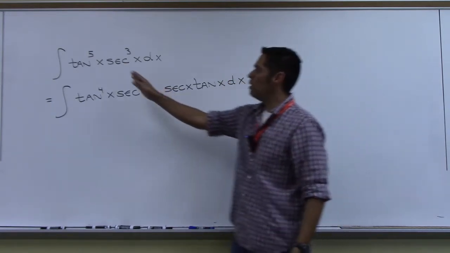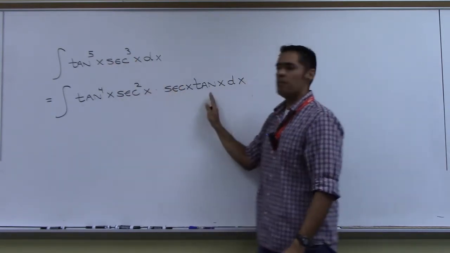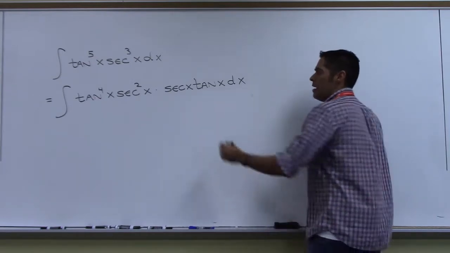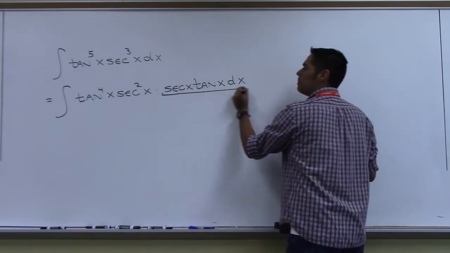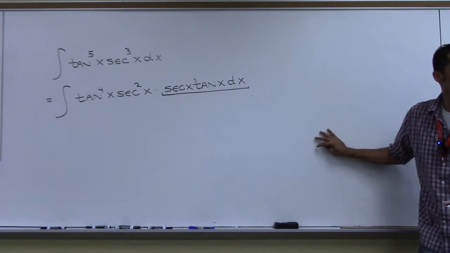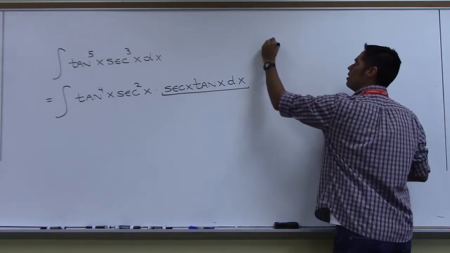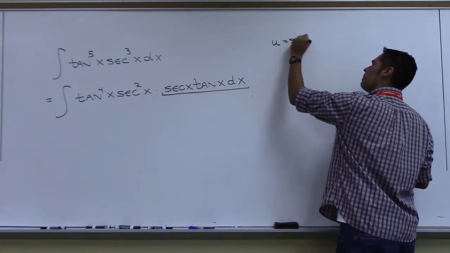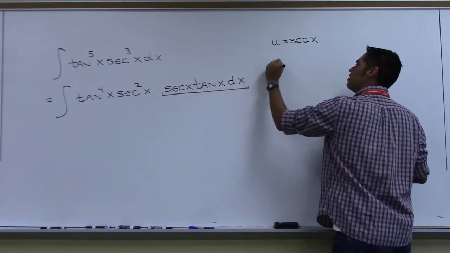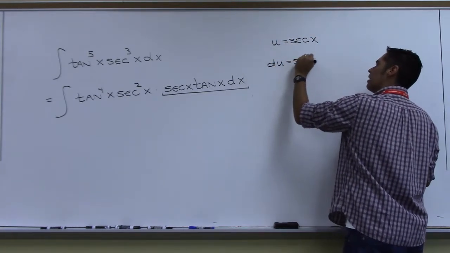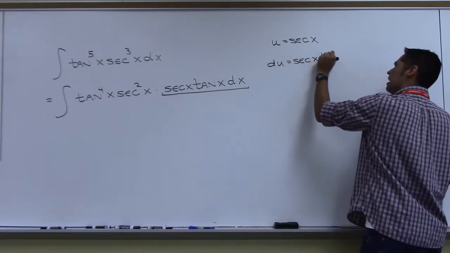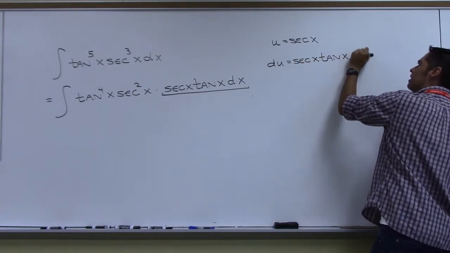See how I peeled one tangent and one secant over here? And then I know that this right here is the derivative of secant. So that's going to be what I use for u. u is going to be secant x because the derivative of it is secant x tangent x dx.